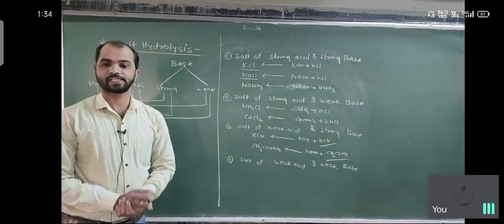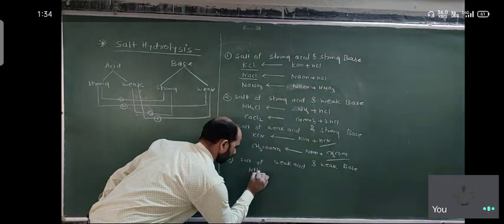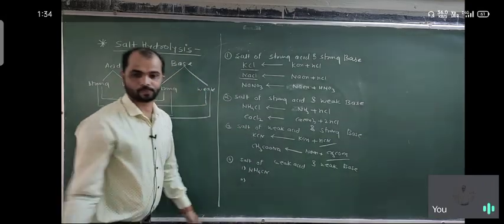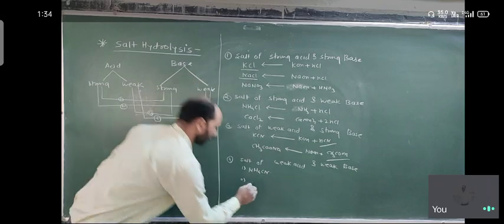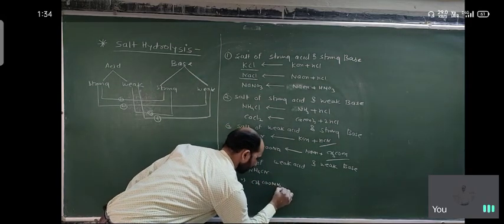Last one, weak acid, weak base. An example is NH4CN. NH4CN is the first. Second example is CH3CONH4.